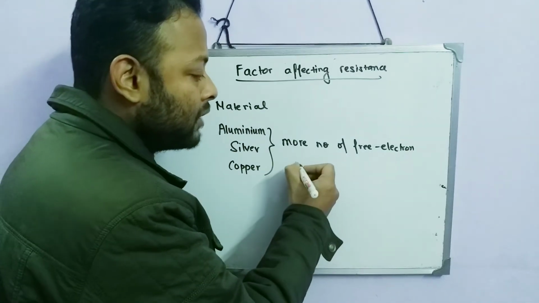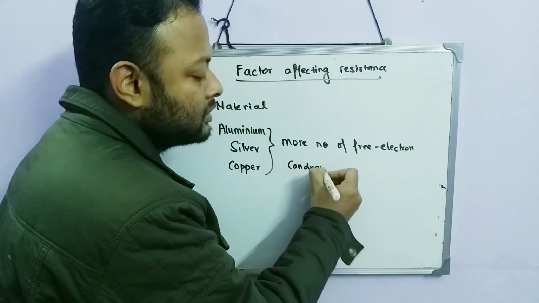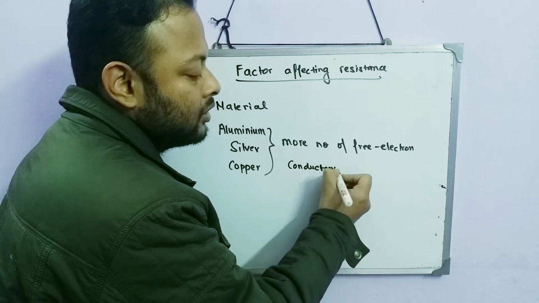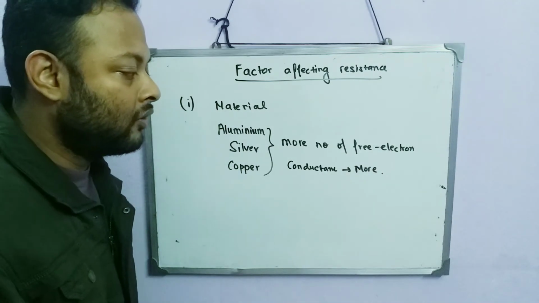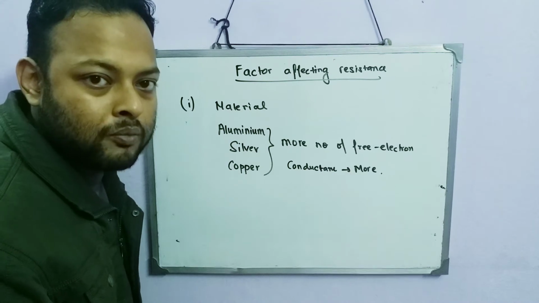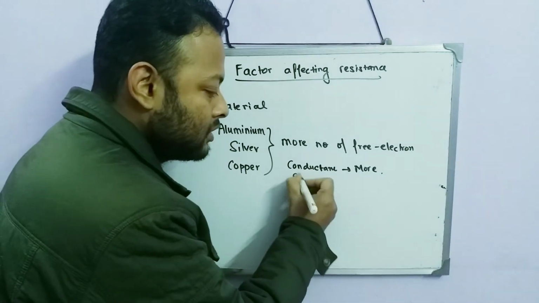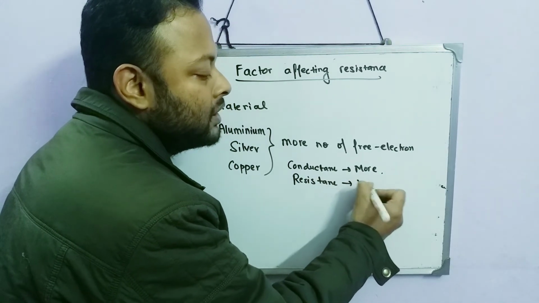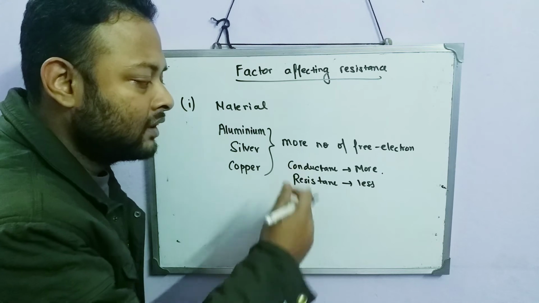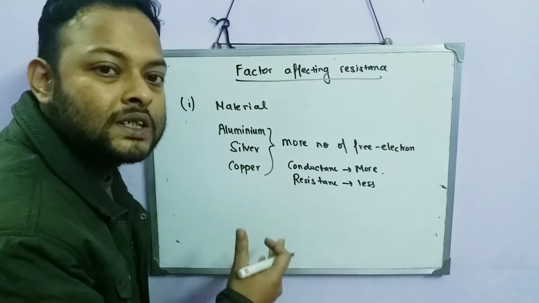So what happens if there are more free electrons? Conductance becomes more, and obviously if conductance becomes more, resistance will become less. As we know, conductance and resistance are inversely proportional to each other.